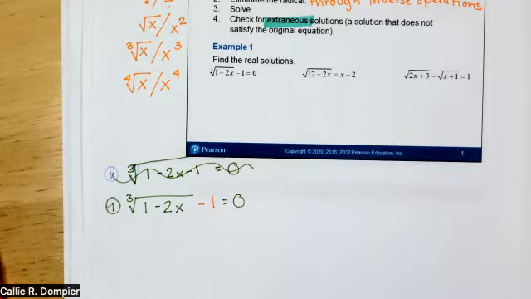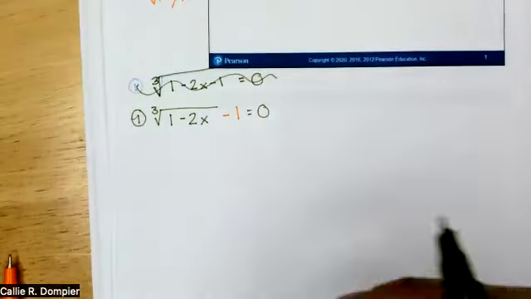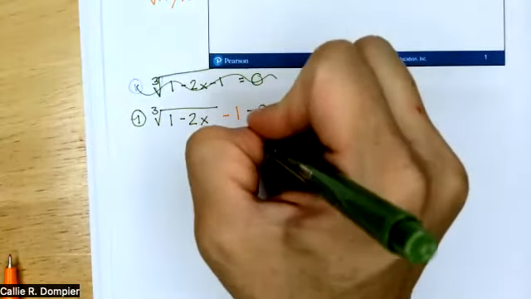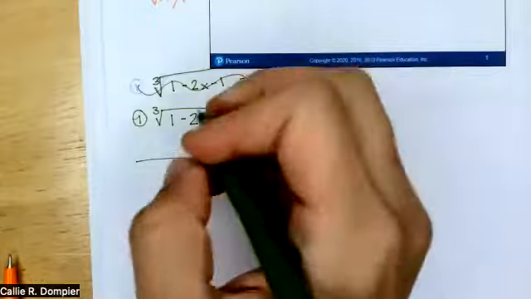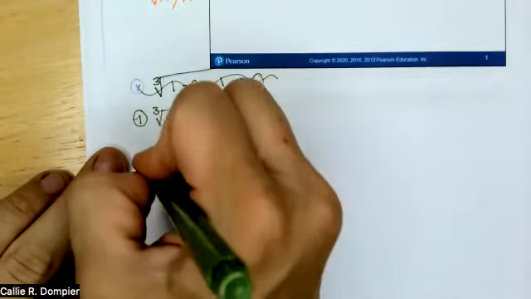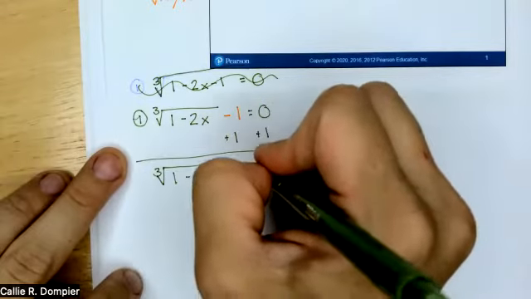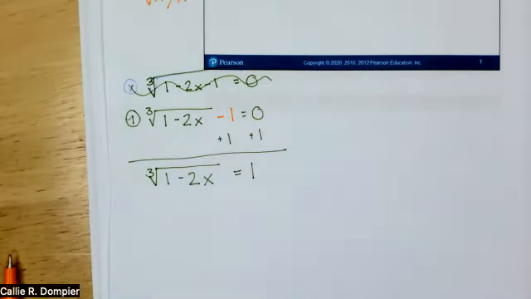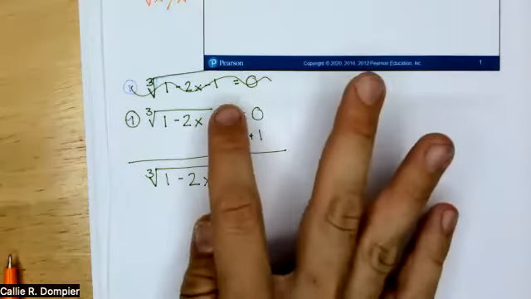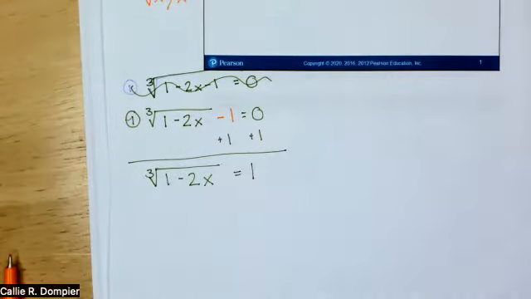All right, so our first step says isolate the radical to one side. This is not isolated because of that minus 1. So I'm going to add 1 to both sides. I have that same third root of 1 minus 2x. Now it's equal to 1. So we did the opposite of subtracting 1 when we added 1.